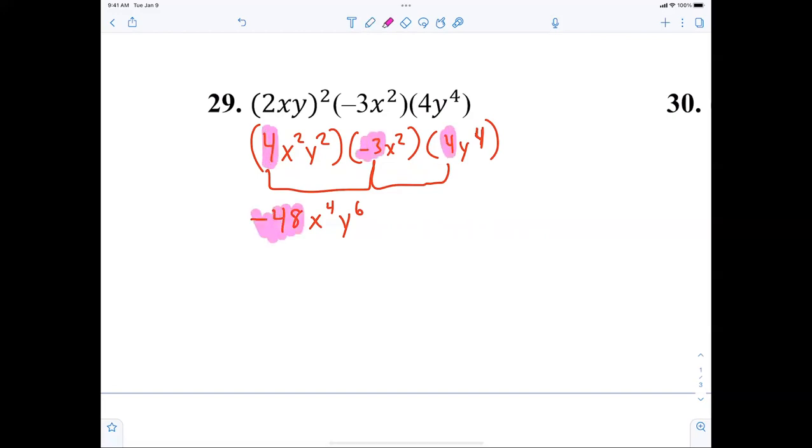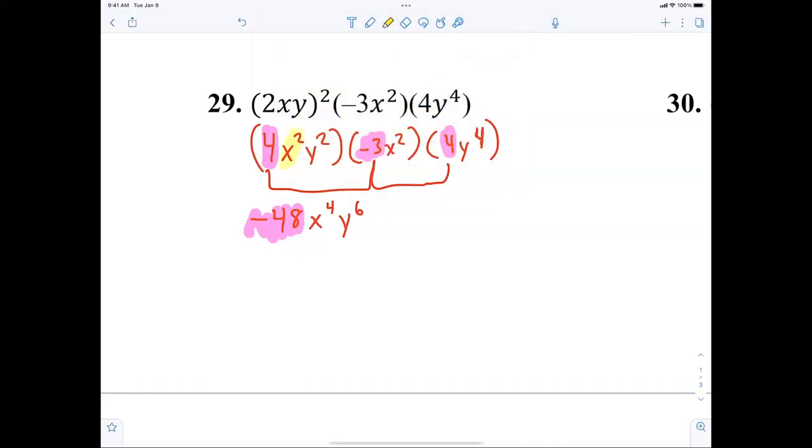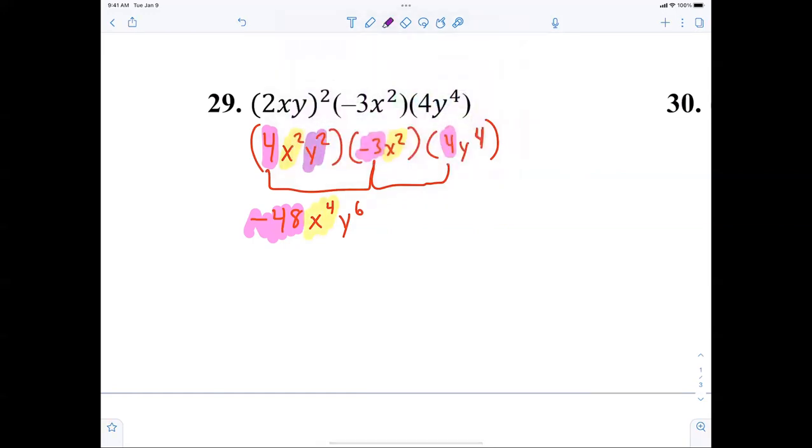Is that -48? Yes. Then x squared times x squared, what is that? X to the 4th. What is y squared times y to the 4th?